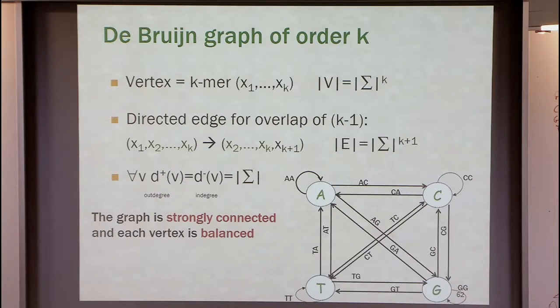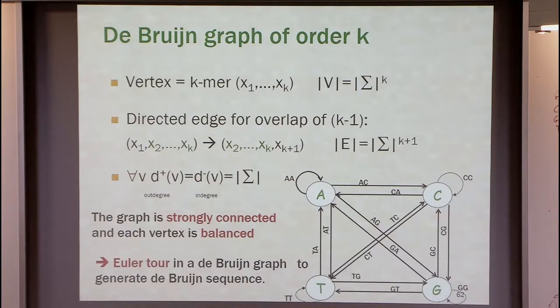If you recall from Algorithms 101, this means that the graph is Eulerian, and we can perform an Euler tour over the graph. This Euler tour gives us the de Bruijn sequence of order K+1. So this is one way to generate the de Bruijn sequence in linear time. Here in this example, you see the de Bruijn graph of order 1.